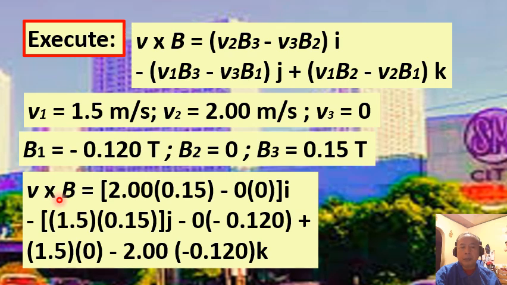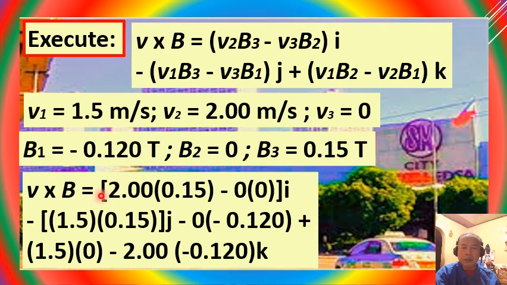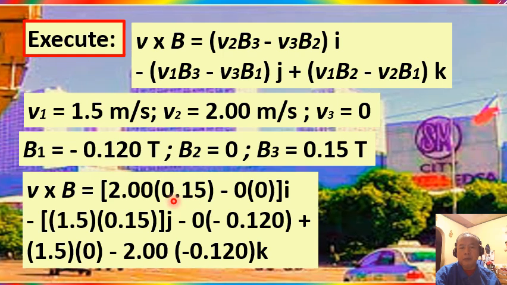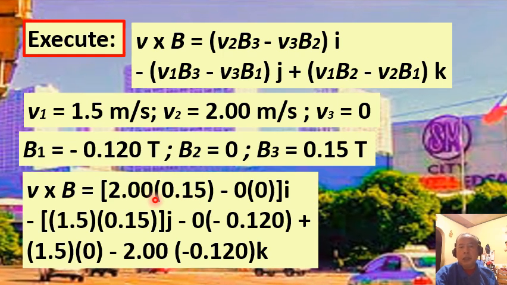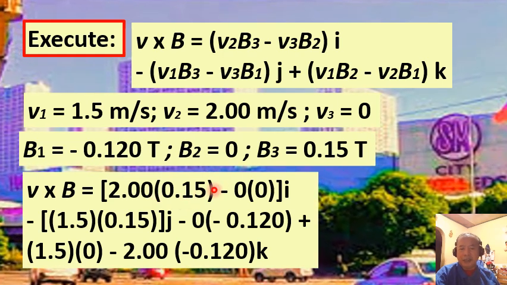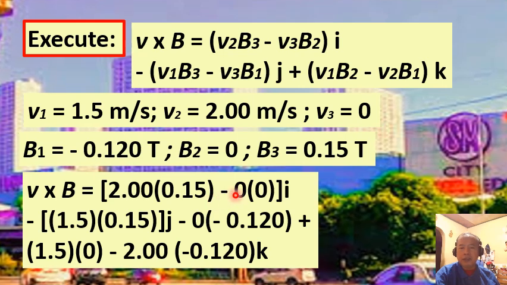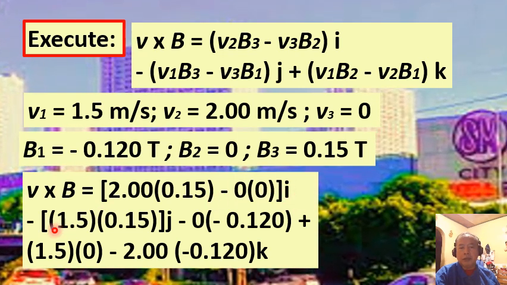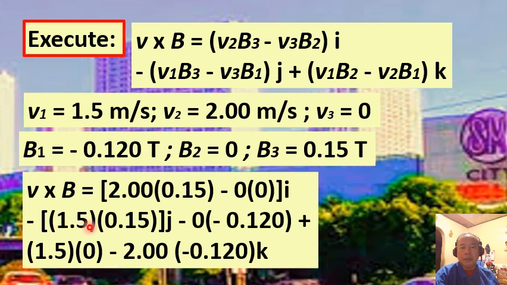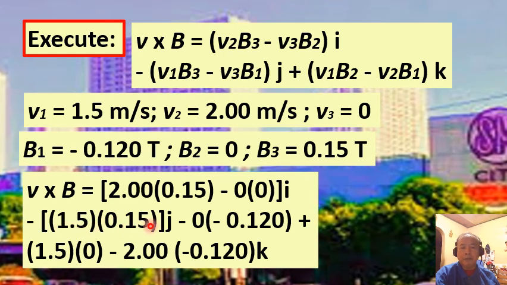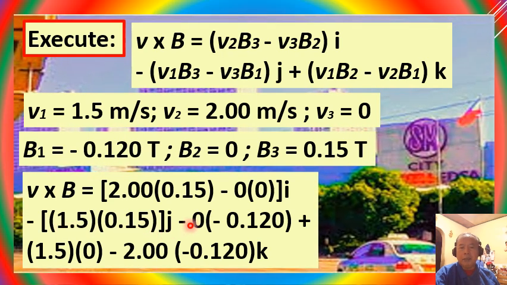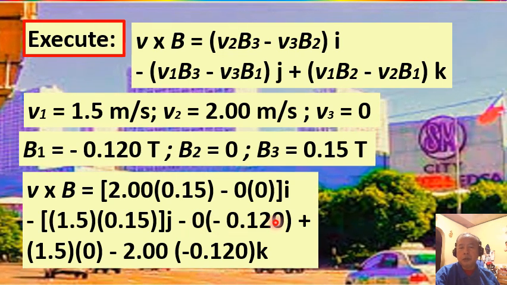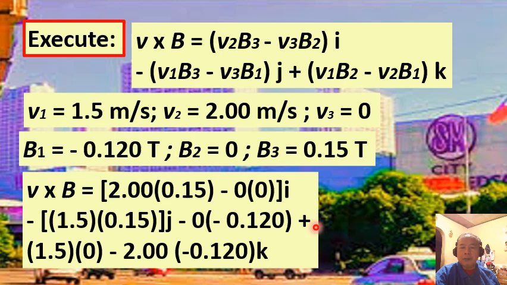V cross capital B equals quantity 2.00 times 0.15. We do away with the given units for simplicity. So minus 0 times 0, quantity I, minus quantity 1.5 times 0.15, quantity J, minus 0 times negative 0.120, right?